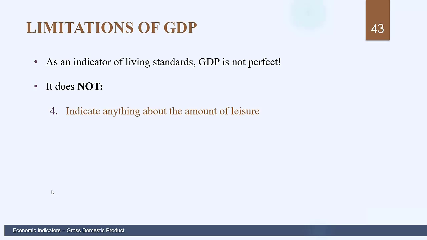So looking at real GDP in levels over 100 years, it's understating the increase in the standard of living, because we have much higher output, but we actually work much less per person to get it.